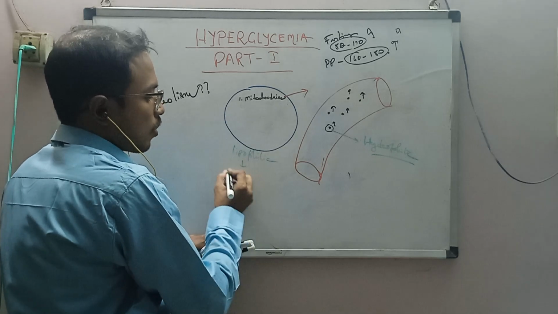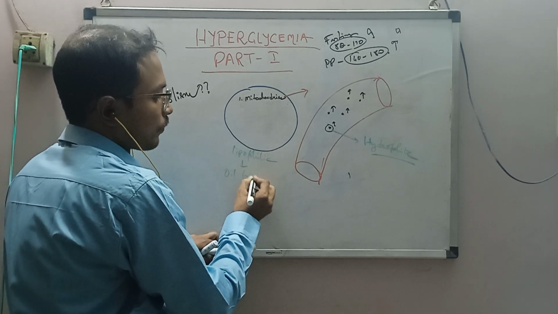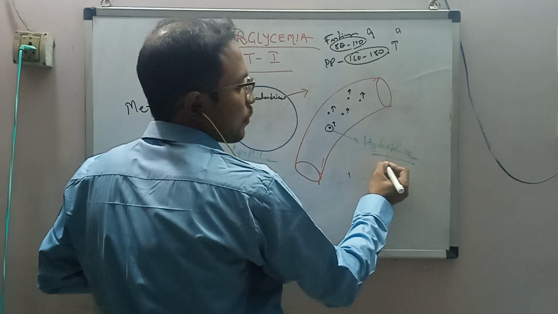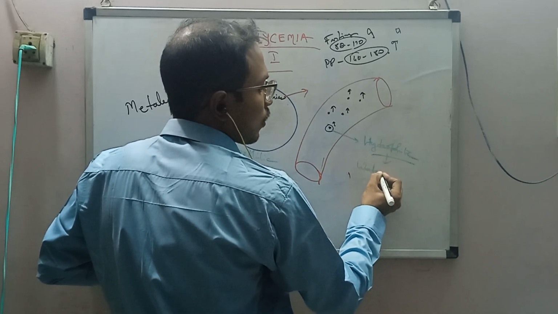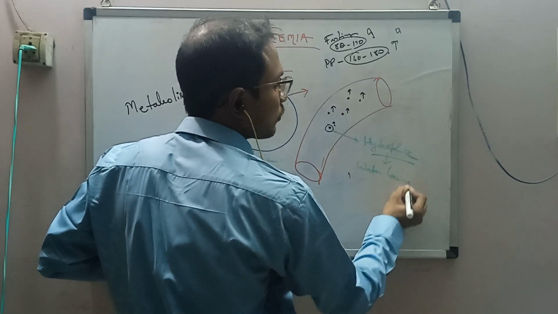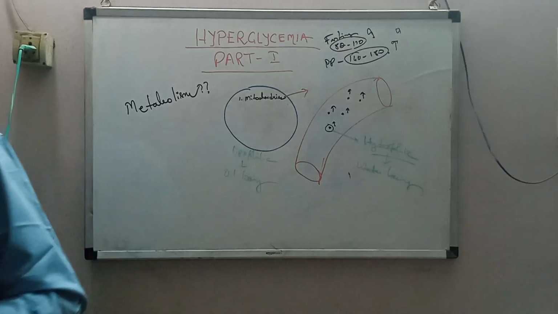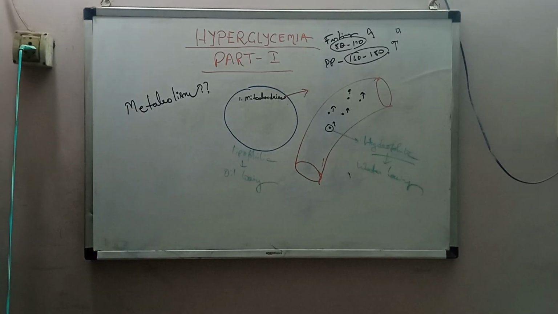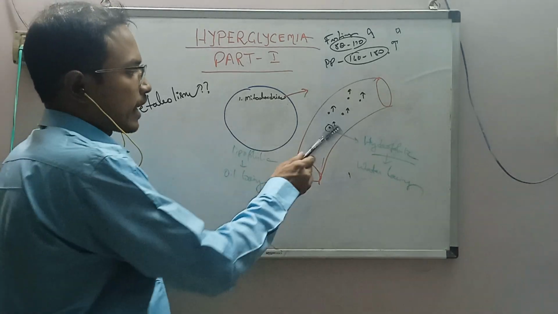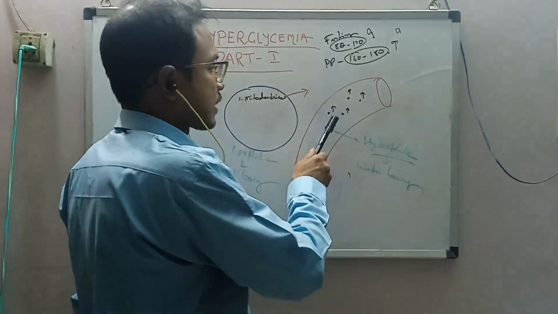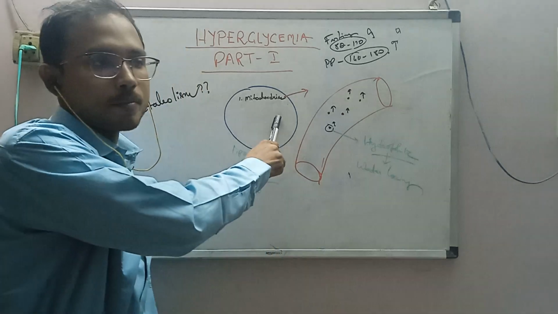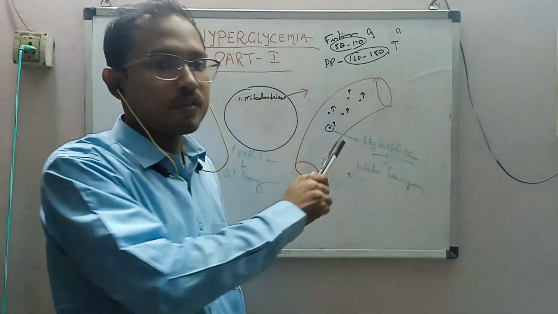Lipophilic means oil loving. Hydrophilic means water loving. Understand? So what does it mean? Simply, it means glucose cannot enter into the cellular machinery by passive diffusion.